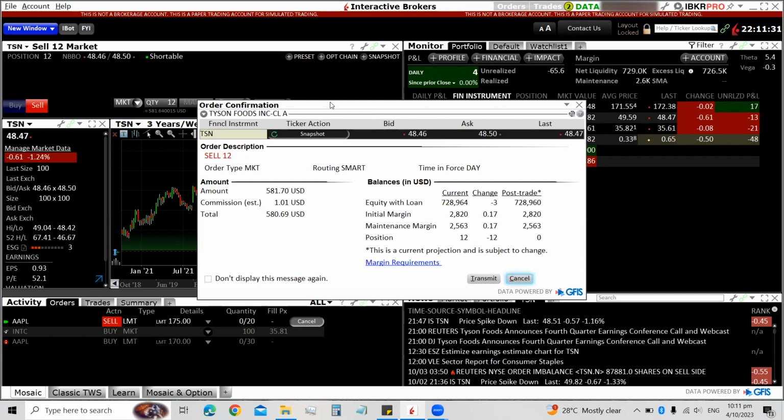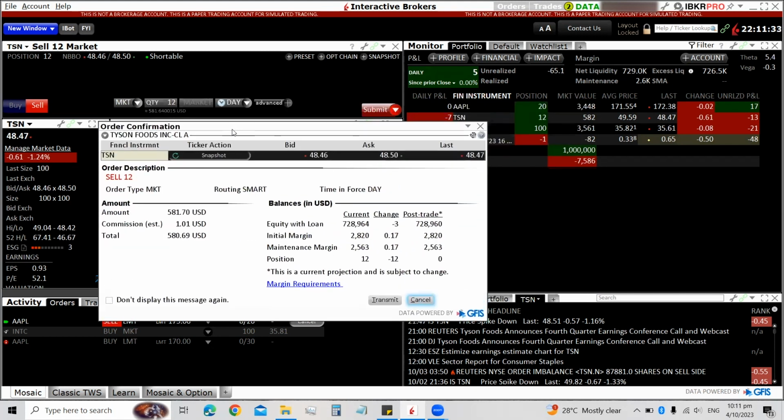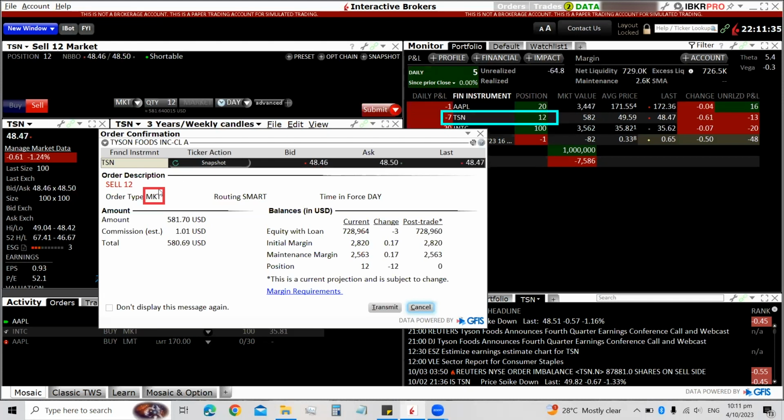So we sell off 12 positions of our Tyson shares, market, and the order to be filled within the day. So this is the amount that we'll receive according to the latest share price. Okay, so now let's click on transmit.